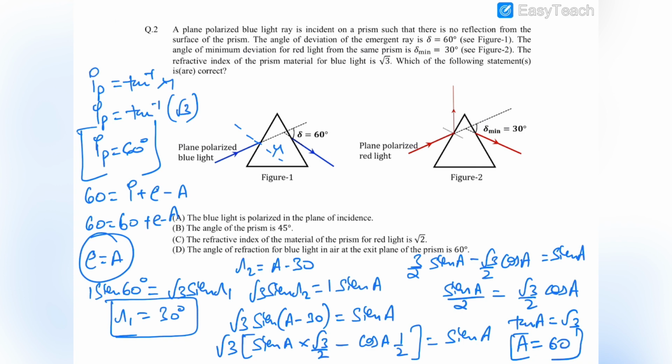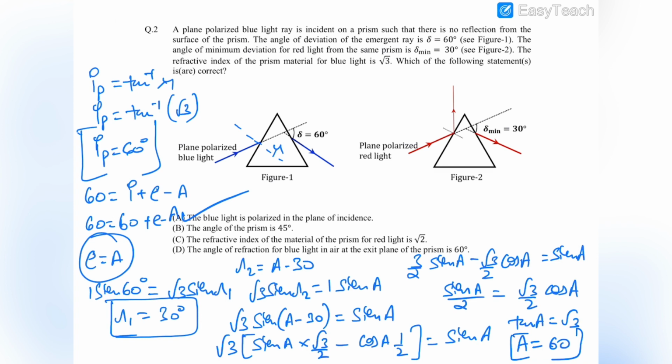But there is no reflected light in this case, which means that all the vibrations are perpendicular to the plane of incidence. So the plane in which vibrations are occurring is perpendicular to the plane of incidence, and therefore the plane of polarization is parallel to the plane of incidence. So we can say that option A is correct.